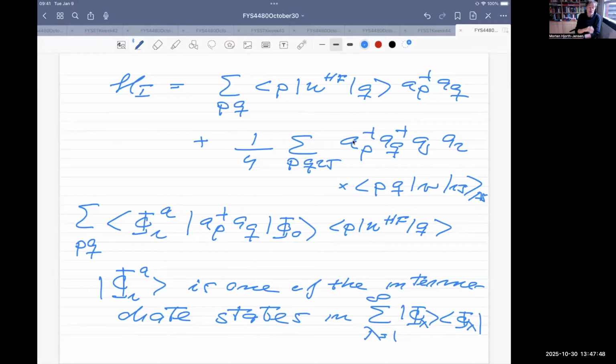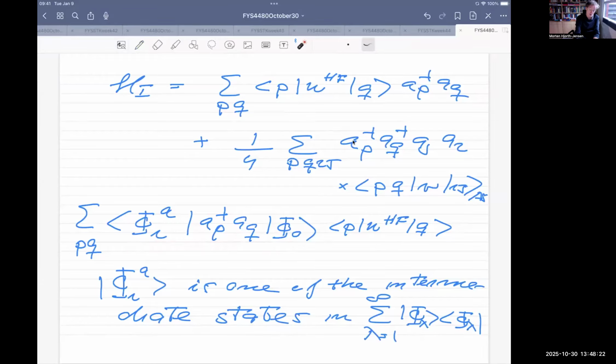So as I said, there are only two possibilities if we now follow the Slater rules. We can have a one-particle, one-hole state, which then typically would give us a non-zero integral if we have a one-body part of the Hamiltonian. If I take the two-body part of the Hamiltonian, the two-body part will create in principle a two-particle, two-hole state, which will not match this state here. So what it means is that we are going to get an expectation value here which is going to contain this term.